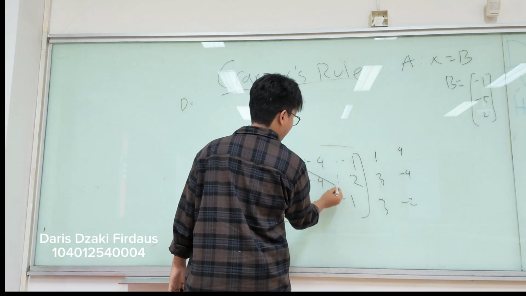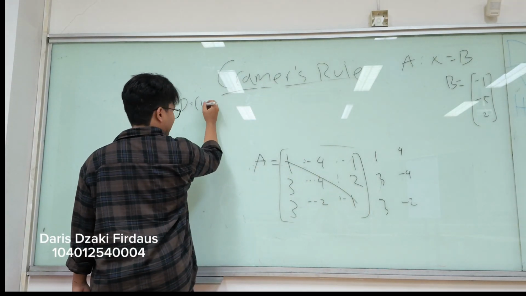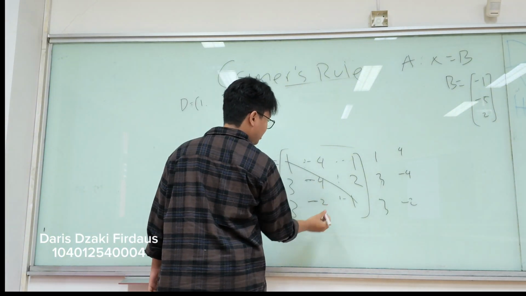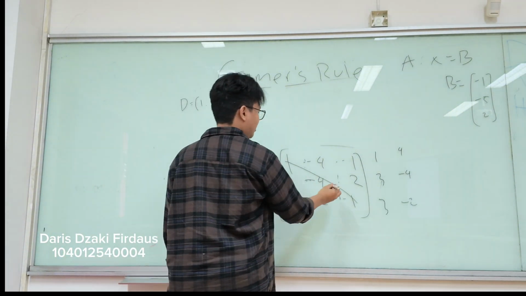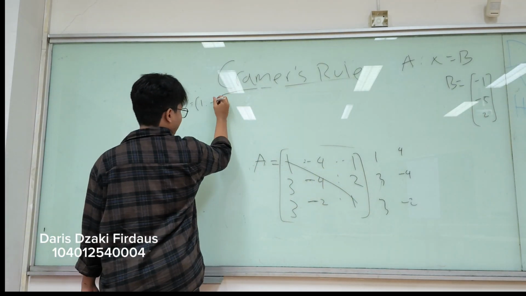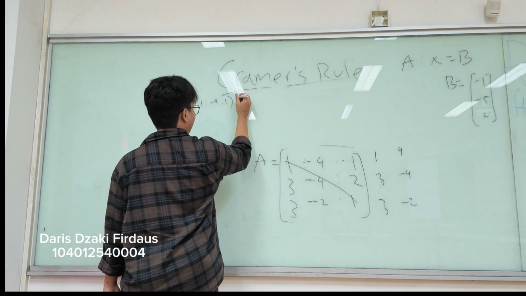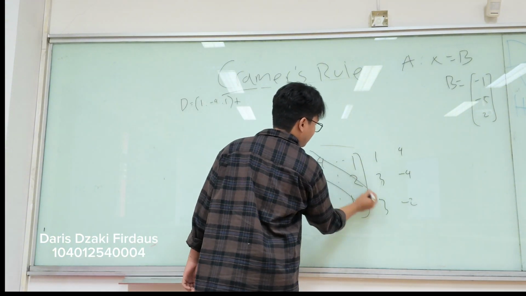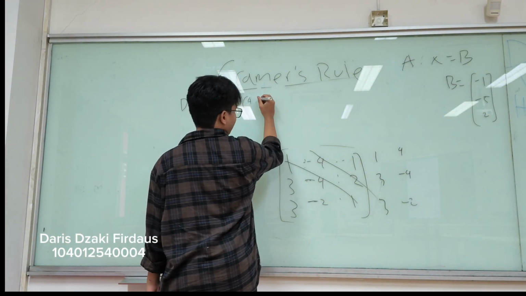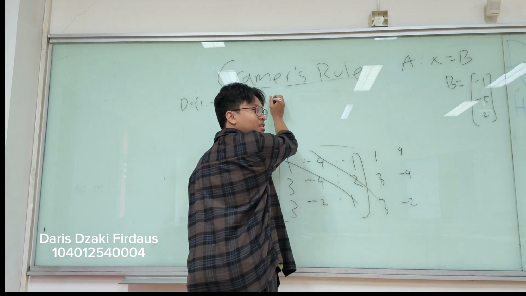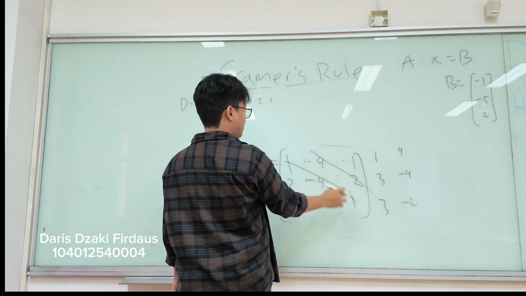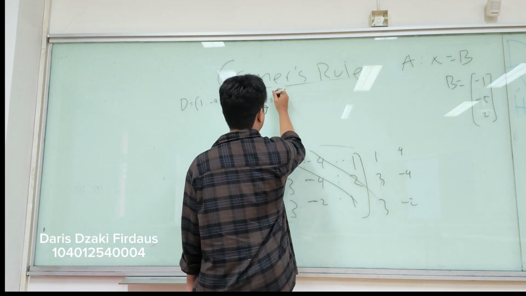We have 1 times by minus, minus, plus, plus. We have 1 times by minus 4 times by 1, and then plus 4 times by 2 times by 3, times by 1.